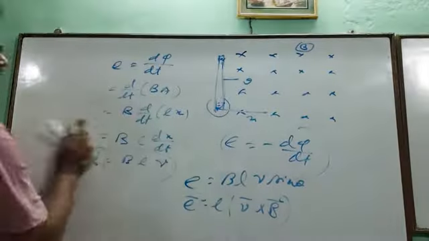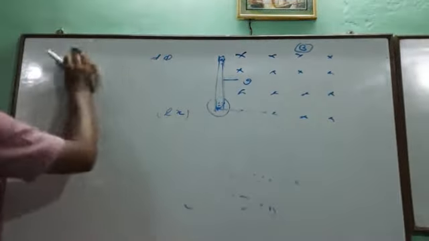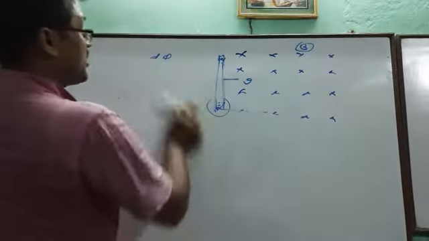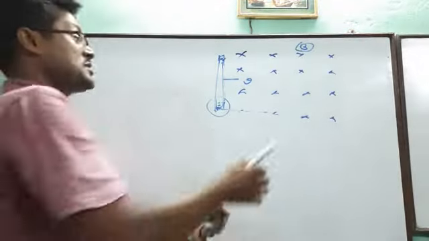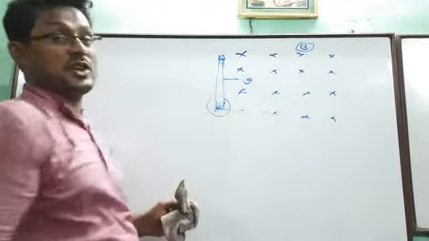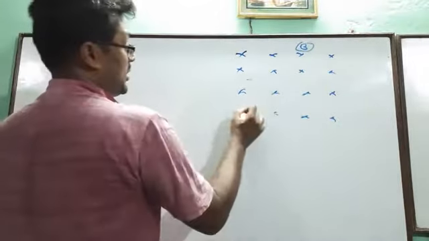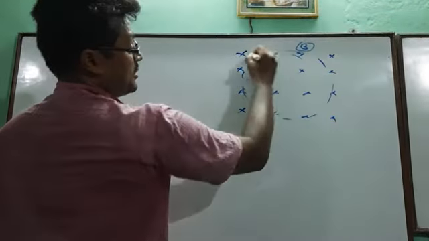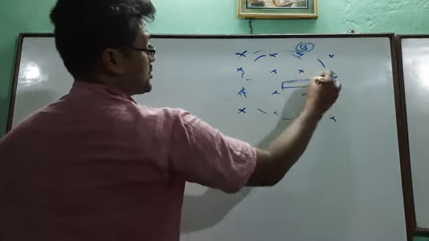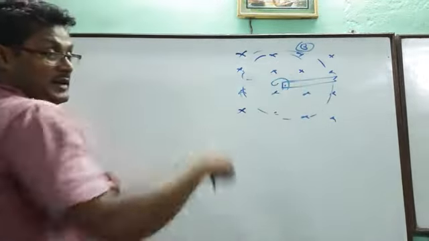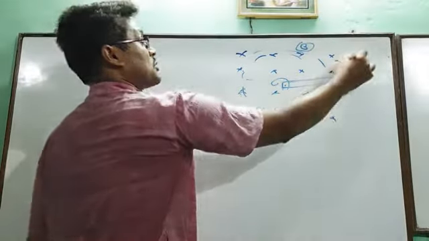In a similar way, instead of linear motion, if the conductor is rotating, then also EMF will be produced. So that time let this be the circular path. Here the conductor is moving about this end with angular velocity omega.